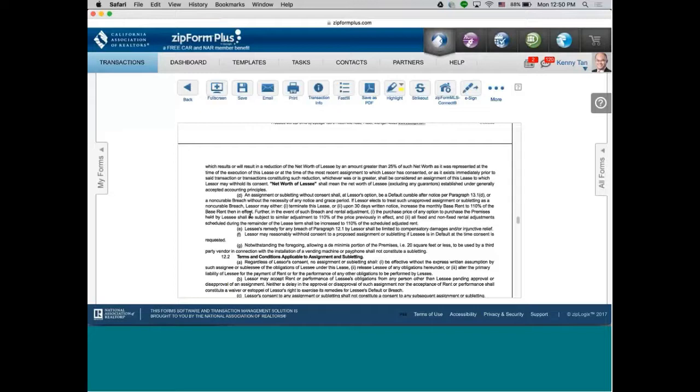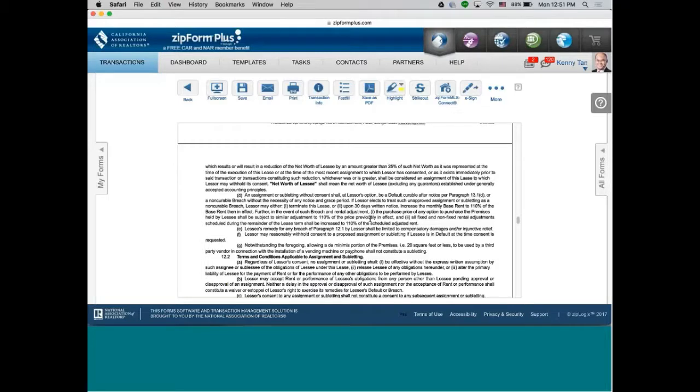And then it says here, further, in the event of such breach and rental adjustment, the purchase price of any option to purchase the premises held by the lessee shall be subject to similar adjustment to 110% of the price previously in effect.